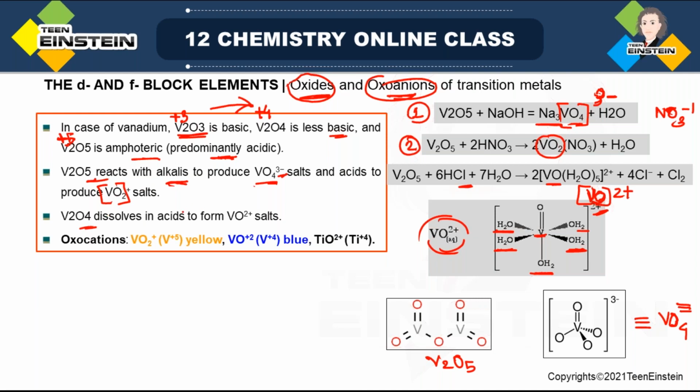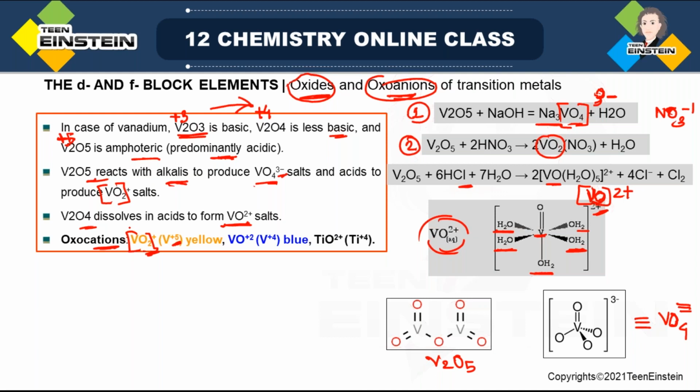V2O4, another oxide, when dissolved in acid also forms a VO 2 plus type of salt, that is, a double positive charge. So different types of oxocations, you can see examples here. VO2 with single positive charge, here the oxidation state of vanadium is +5, and it is very easy to understand how it is +5, because you have a total of 2 oxygen. 2 oxygen means a total negative charge of -4.